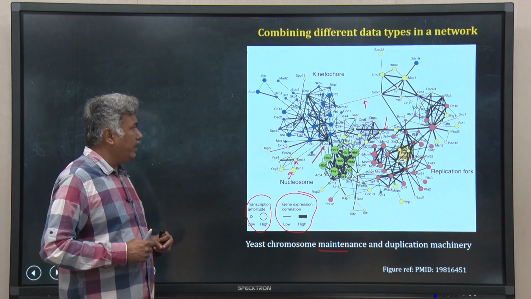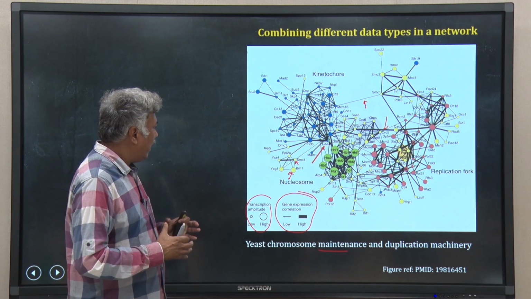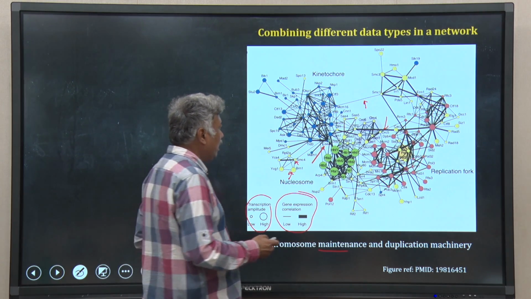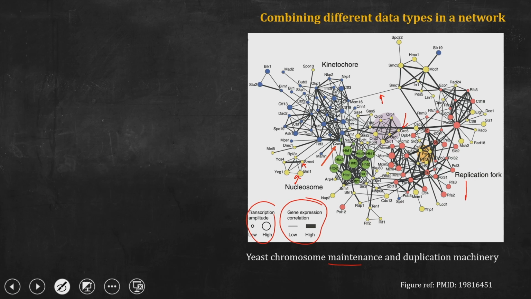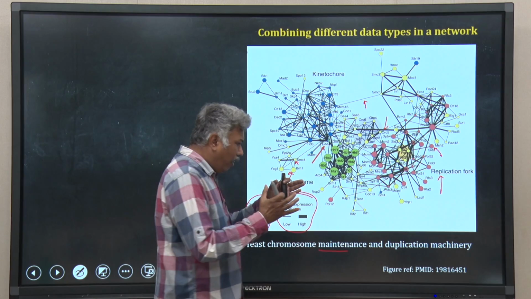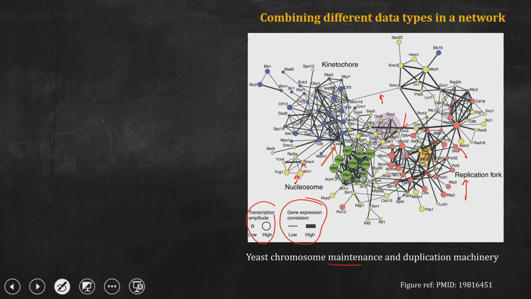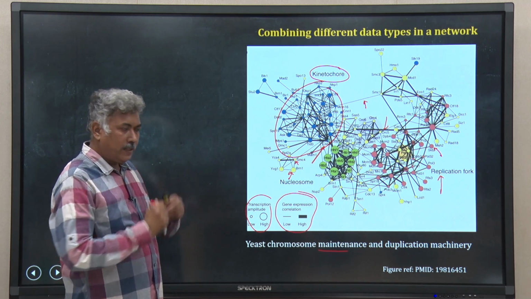One interesting thing here, you can see that those proteins which work in the same chromosomal location, for example the replication fork, are coded by red color and they are all clubbed together in one portion. Whereas this blue colored group, which is involved in this one, is clubbed in one place.